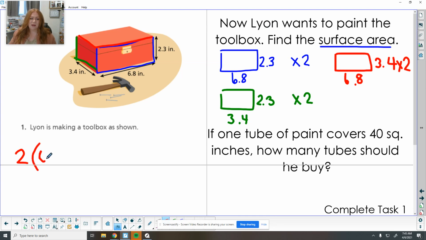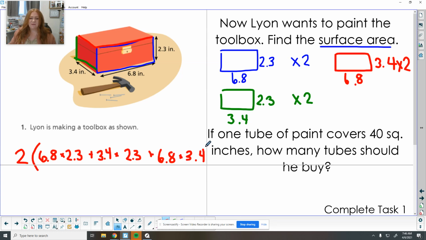We have two of 6.8 times 2.3. And we're going to add on, plus, I didn't mean to put that parenthesis there, 3.4 times 2.3, and we have 6.8 times 3.4.